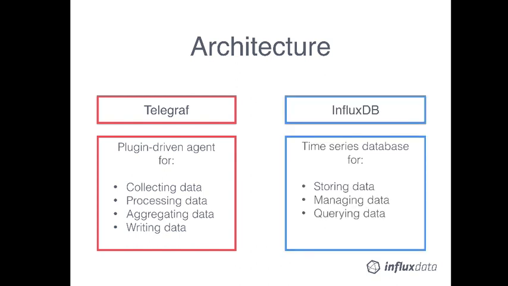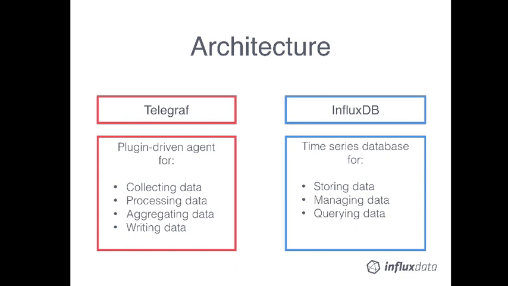Next, we have InfluxDB. InfluxDB is InfluxData's time series database. It specializes in working with time series data, that is, data that occur over time. InfluxDB is written in Go, and it's built from the ground up to handle high write loads and high query loads. Before I go any further, I'd like to mention that I'm going to be working with the open source version of InfluxDB.